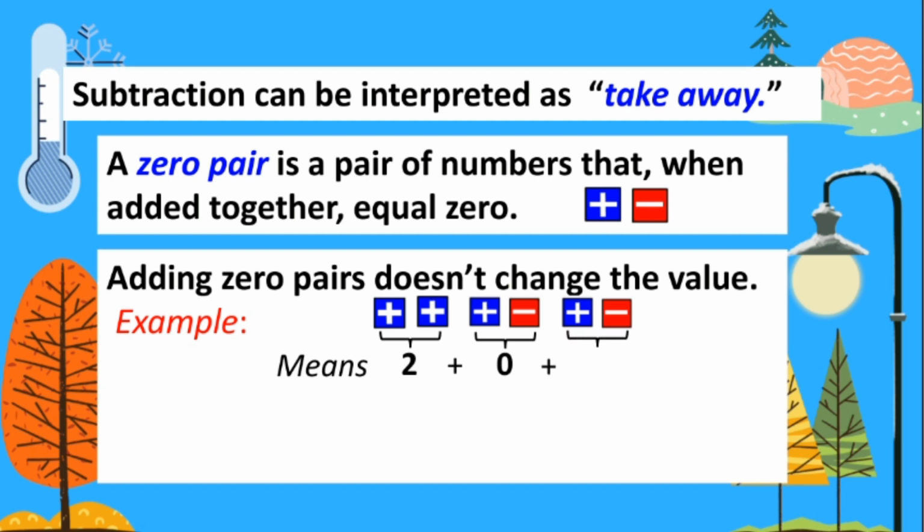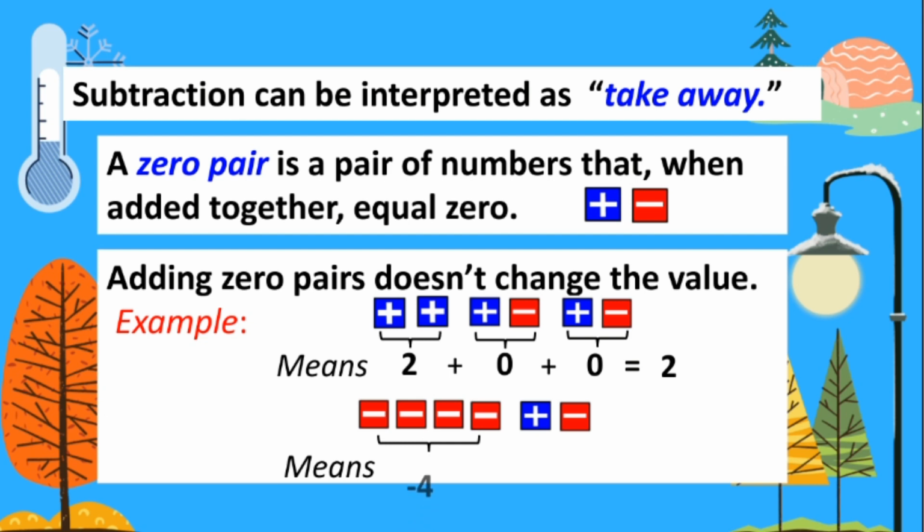Another pair of positive and negative, 0. So, 2 plus 0 equals 2. Another one, we have 4 negative tiles and a pair of positive and negative. Means, negative 4 para sa apat na negative tiles and ang one pair of positive and negative equals 0. So, negative 4 plus 0, the answer is negative 4. Hindi nagbago ang ating given.